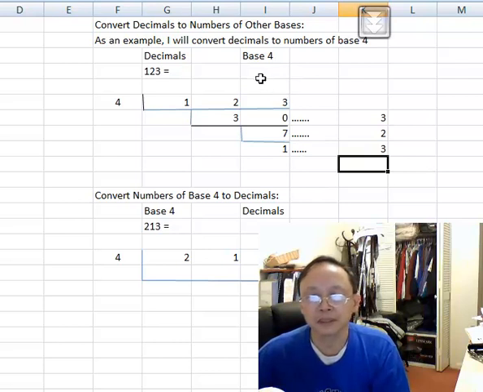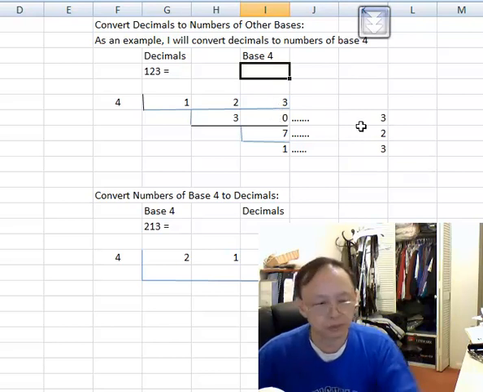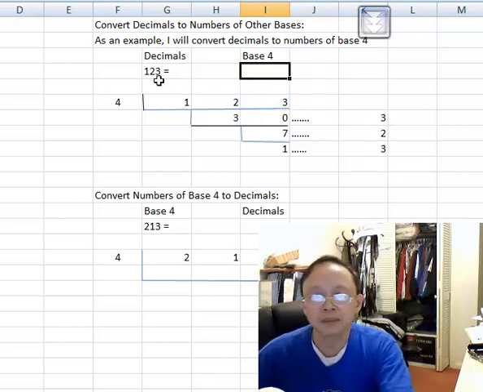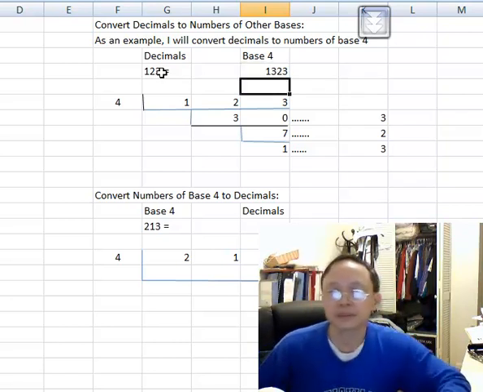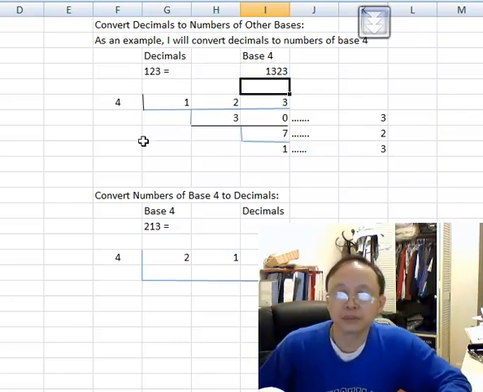So the number 123 in base 4 will be 1323. So 123 in decimal system becomes 1323 of base 4 number. So the approach we use is continued division.